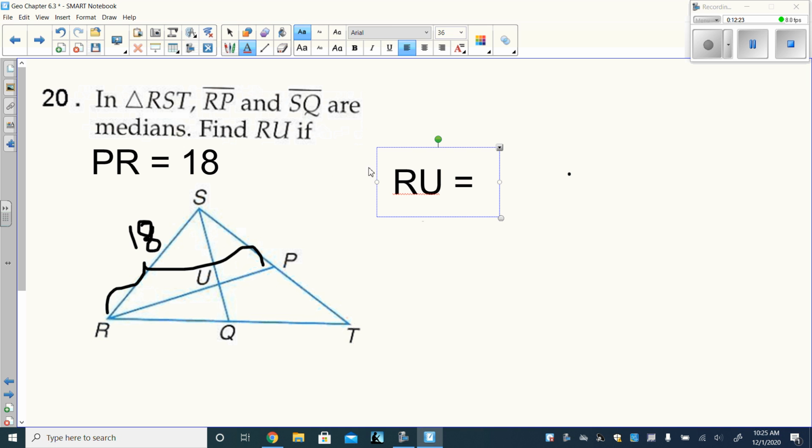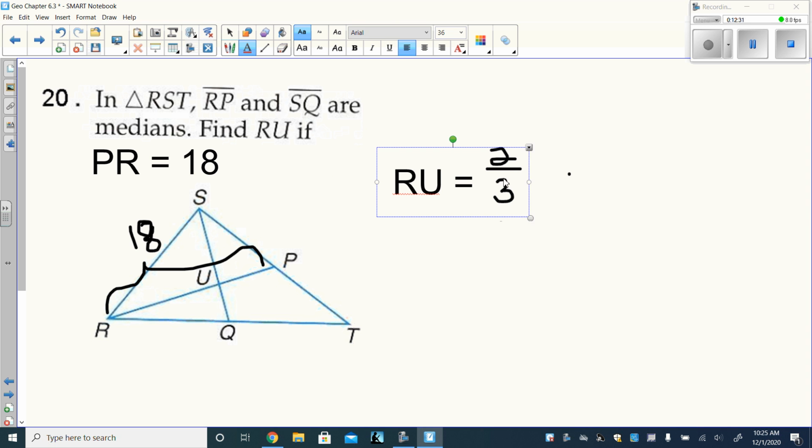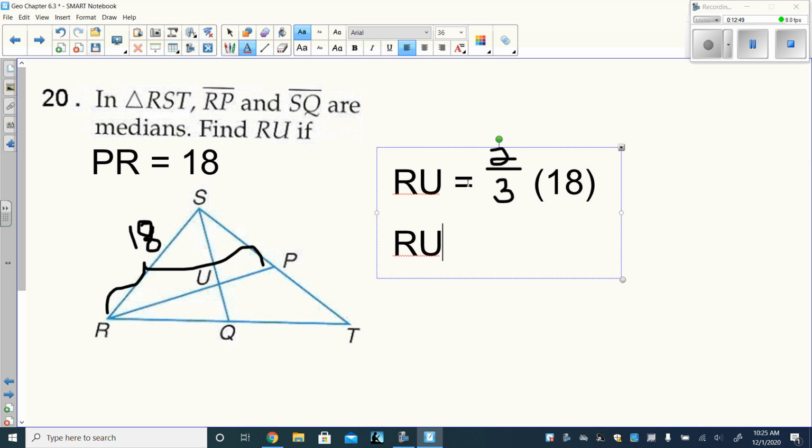equals 2/3 of the whole. Now, what is the whole? The whole is 18. The whole line is 18 units. So if I want to find out what RU is, I need to multiply the entire line, 18, by 2/3.